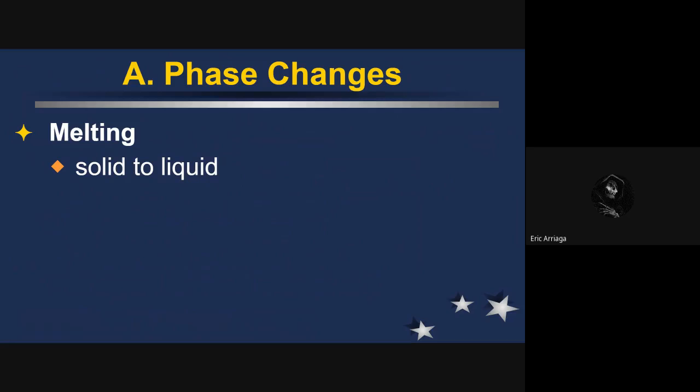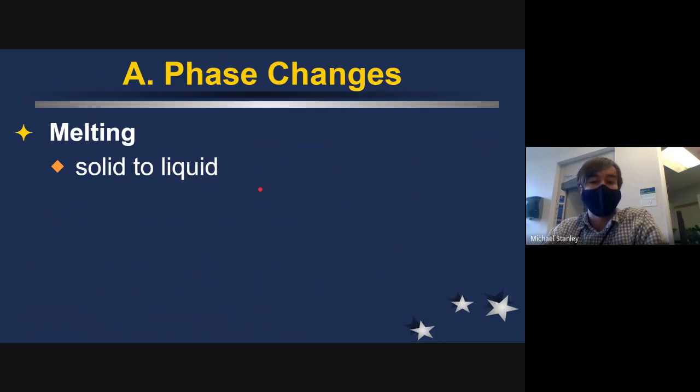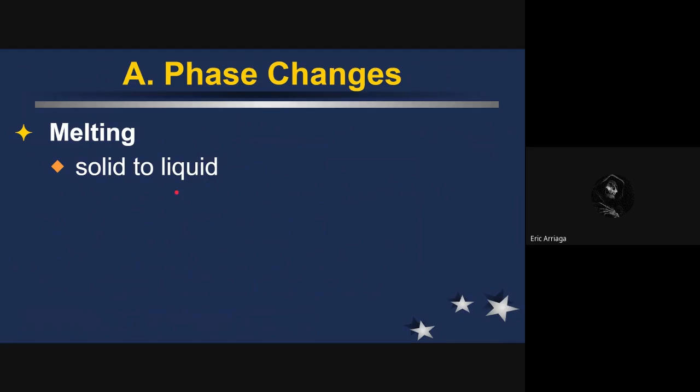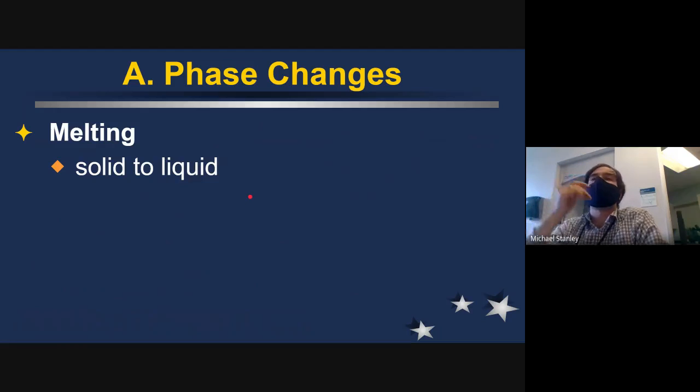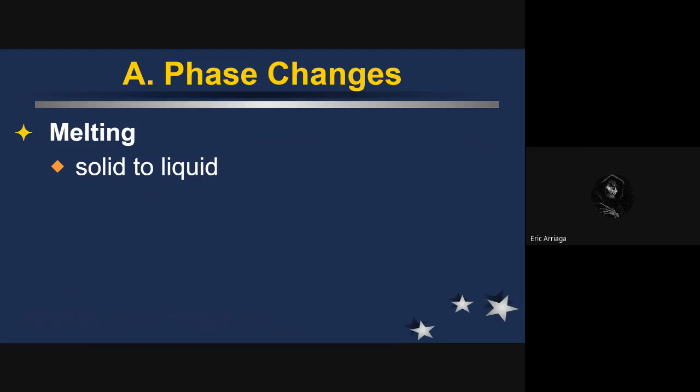Sorry, liquid to solid. What is that phase change called? Solidifying? Close. There's a little bit more specific name for it, though. Anybody else want to take a stab at it?